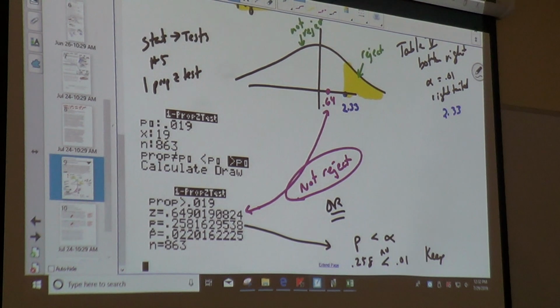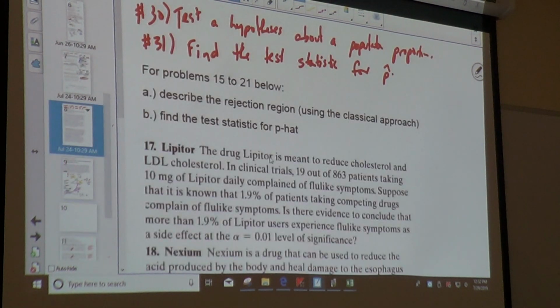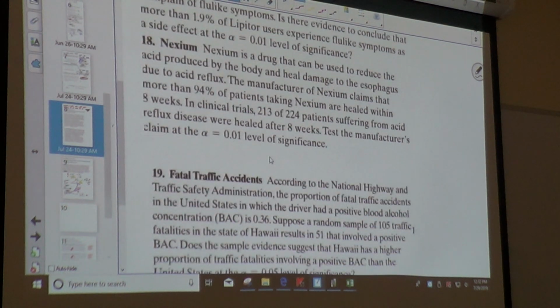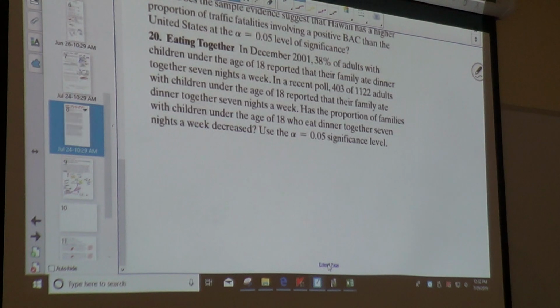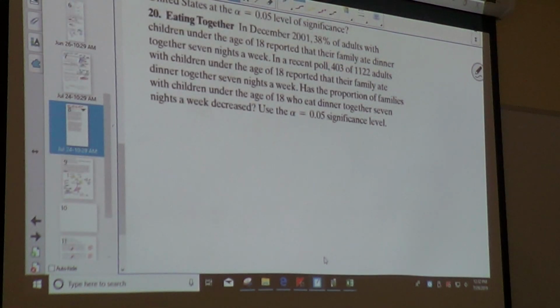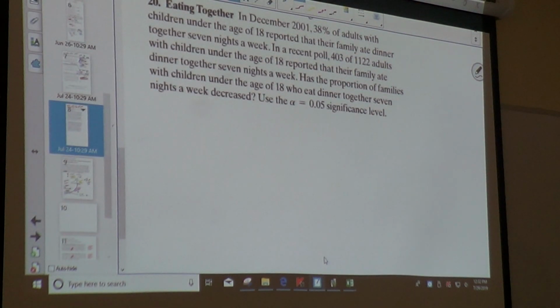Let's look at another one of those, because those are kind of tough. Let's do eating together, the one at the bottom. I'll let you try this one. In December 2001, 38% of adults under the age of 18 said that their families ate together 7 nights a week. 403 of the 1122 said that they ate together.